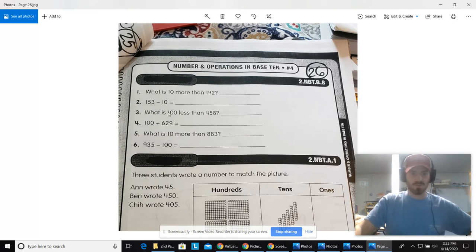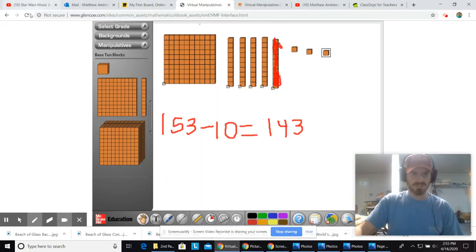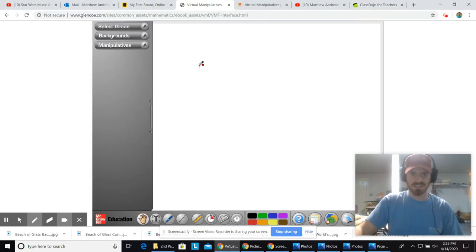Okay, here, what is 100 less than 458? You're taking 100 out. 100 plus 629, you're adding 100. Let me show you that. Adding 629 plus 100. I don't think I have enough room to show 629 very quickly, so I'm going to draw it this time.